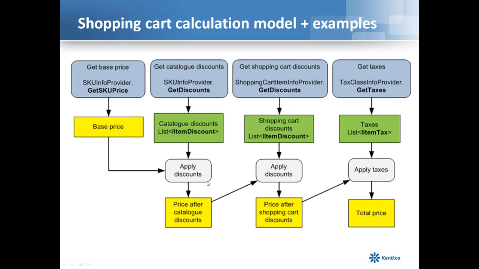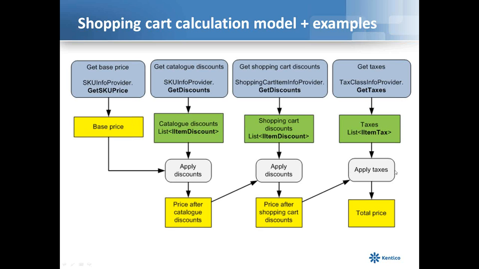So we have the price after the shopping cart discount, and what now? Now it's time to apply the taxes. So there is another method which is located in the tax class info provider, and it also returns the list of all the taxes which should be applied to the product.